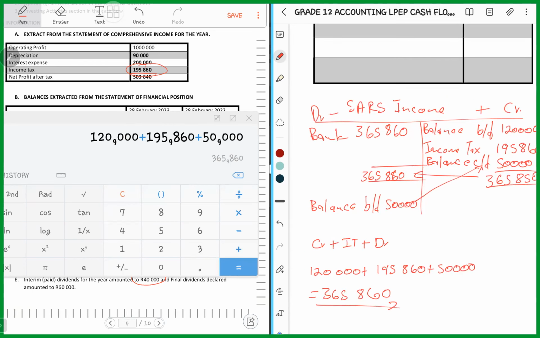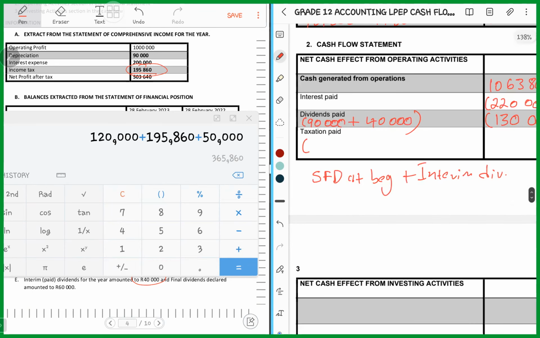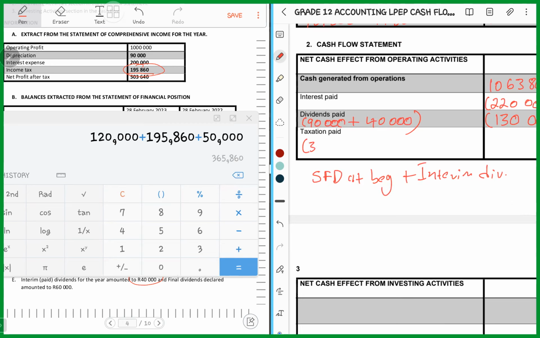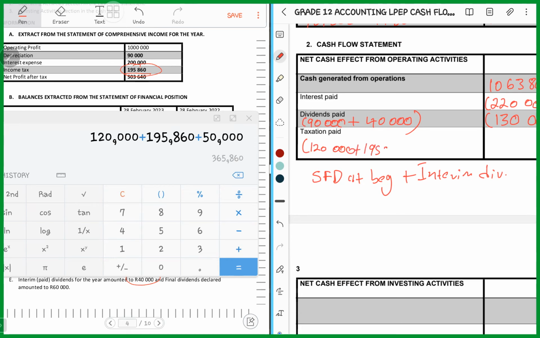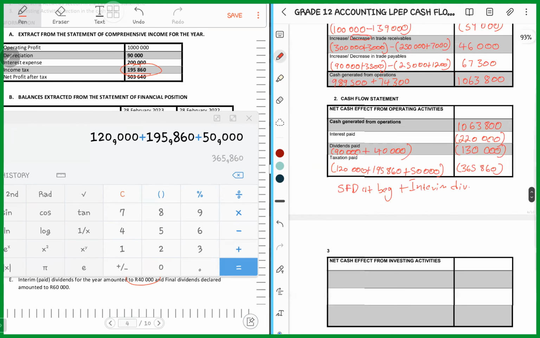That gives us income tax paid of 365,860. Not necessarily an expense though.